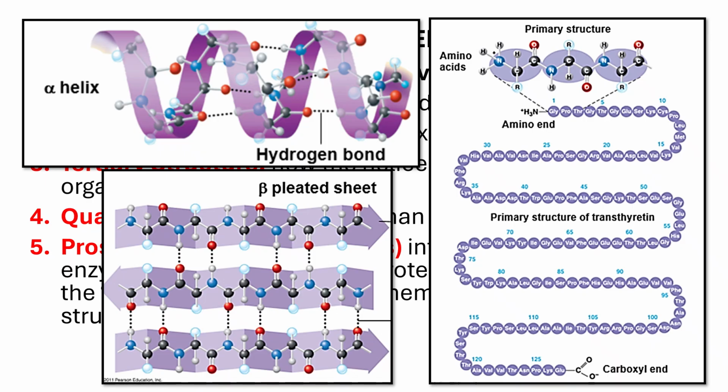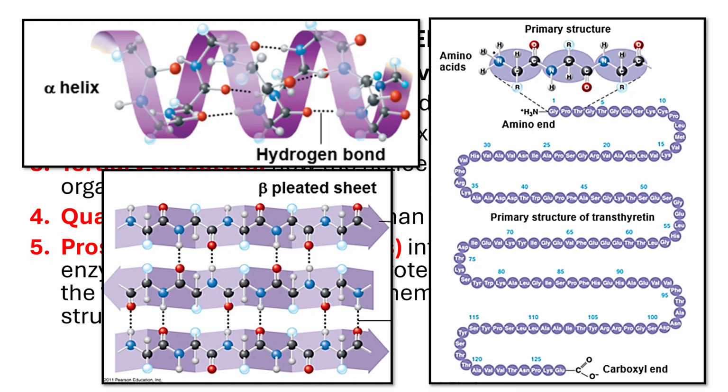The alpha helix and the beta-pleated sheet are the two most common examples of secondary structure of a protein. An individual protein will usually have a dozen or so alpha helices spaced throughout the protein and a dozen or so beta sheets spaced throughout the protein.